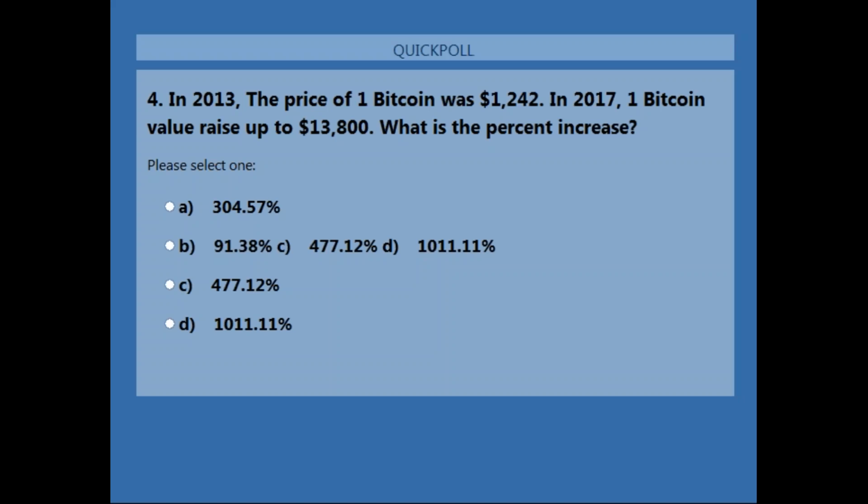Just ignore the rest of the line on answer B. I'm sorry for that.